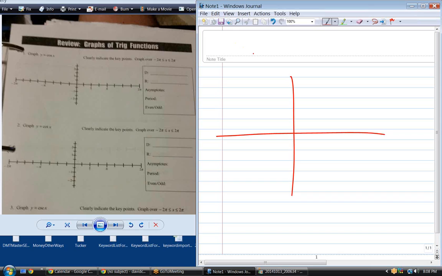Okay, we're graphing just straight y equals cosine of x. Clearly identify the key points from minus 2 pi to 2 pi. We can start there, although it's probably easier to start at the origin, merely because that's where I usually start.